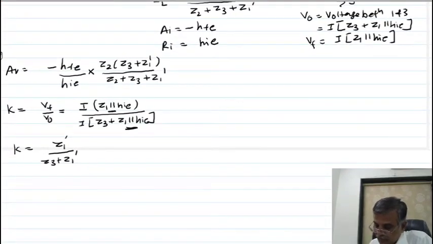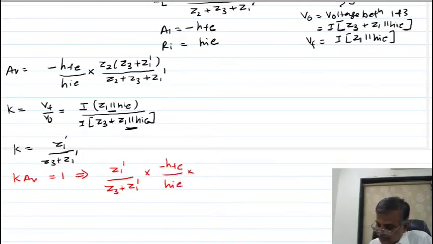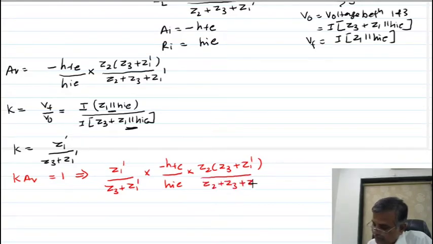KAV is equal to 1. What should I write? KAV is equal to 1, K into AV is 1. Therefore I am writing Z1 dash upon Z3 plus Z1 dash multiplied by minus HAV upon HI into, you can see what is written here, this is your Z2 into Z3 plus Z1 dash upon Z2 plus Z3 plus Z1 dash.